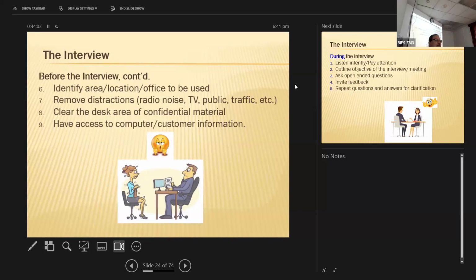Some of the other things you may want to do is, wherever possible, if you are interviewing someone of the opposite sex, right, say a male interviewing a female, you may want to call in an administrative assistant and explain to them, you may not want to say specifically why they're there.